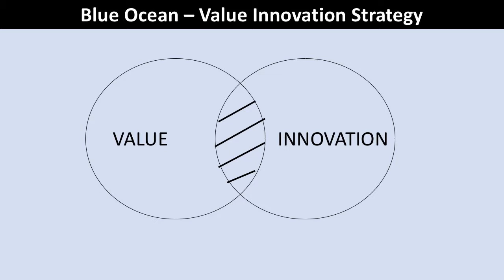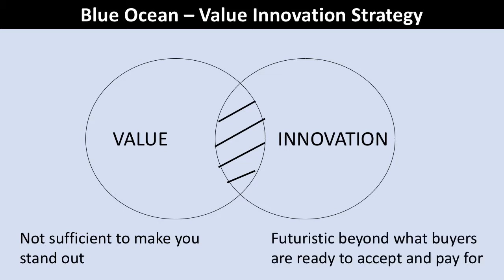Because if you have value without innovation, you're going to focus on value creation, but it's not sufficient to make you stand out in the marketplace. If you focus on innovation without value, chances are you'll be technologically driven and futuristic, but sometimes you will be shooting beyond what the buyer is ready to accept and pay for.